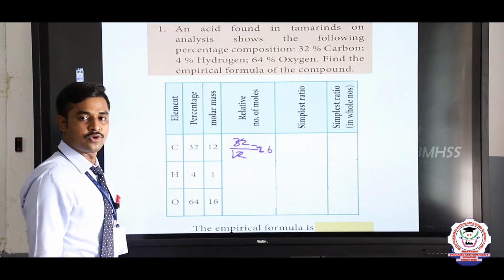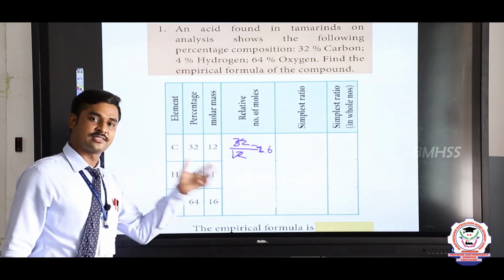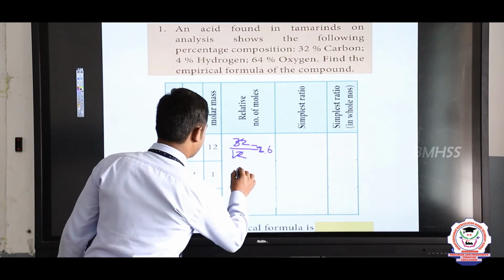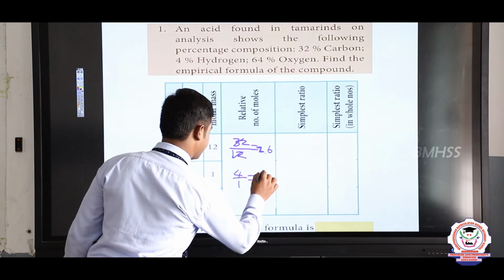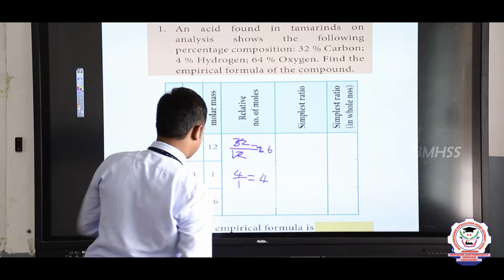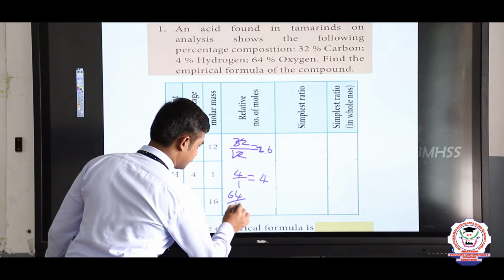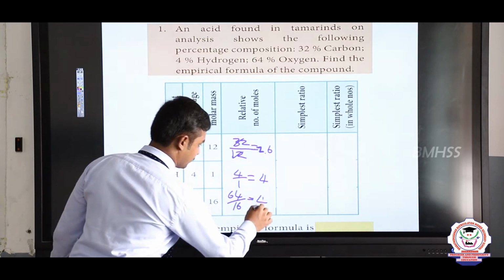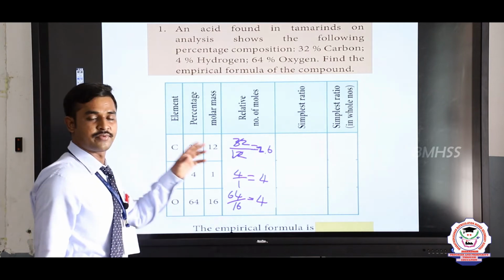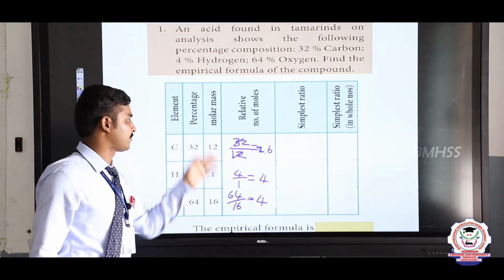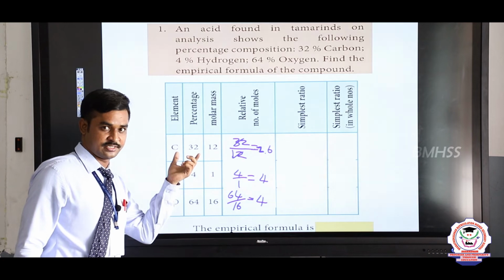So the relative number of moles of carbon in this compound is 2.6. For hydrogen, 4 divided by 1 is equal to 4, and for oxygen, 64 divided by 16 is equal to 4. So we can find the relative number of moles from the molar mass and the percentage.